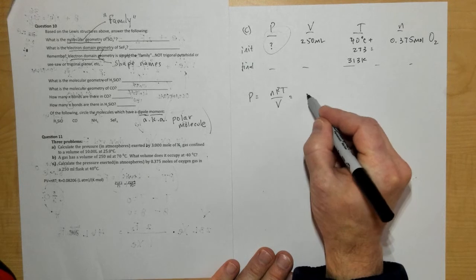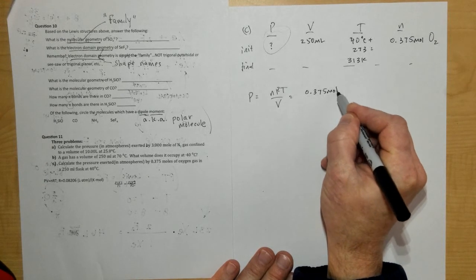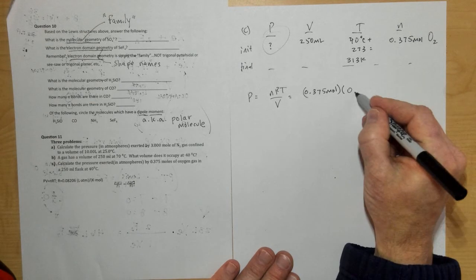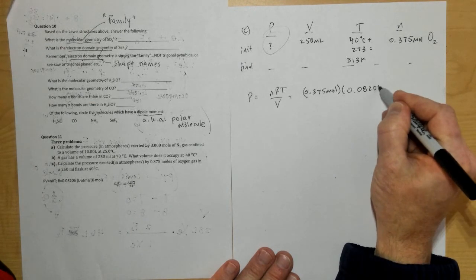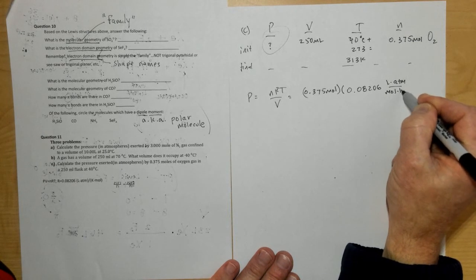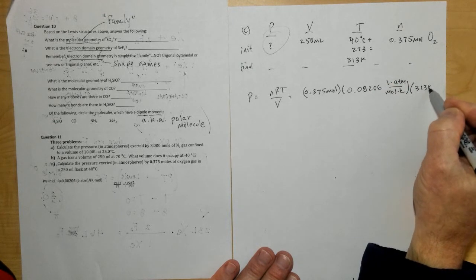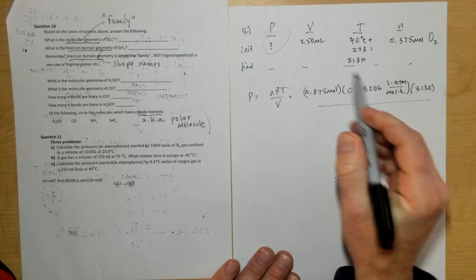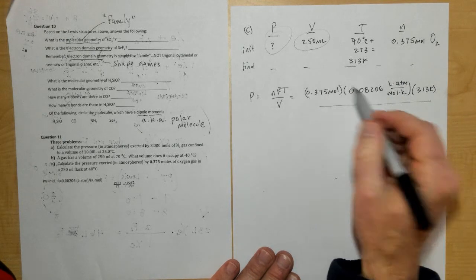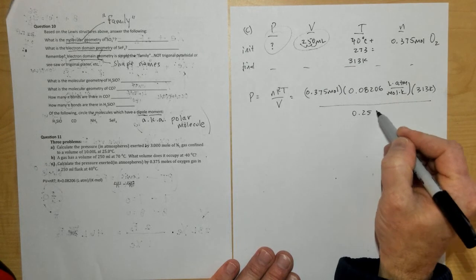And so then putting in the numbers, we have 0.375 moles. Now it asks for the pressure in atmospheres again, so we'll use 0.08206 liters times atmospheres per mole times Kelvin, times the temperature, which is 313 Kelvin, divided by the volume, and this has to be in liters because you notice how this is in liters right here, so that would be 3 to the left, 1, 2, 3, so that would be 0.25 liters.